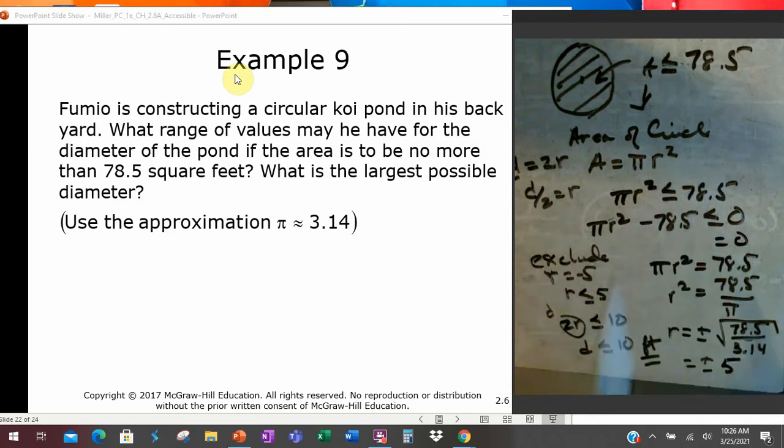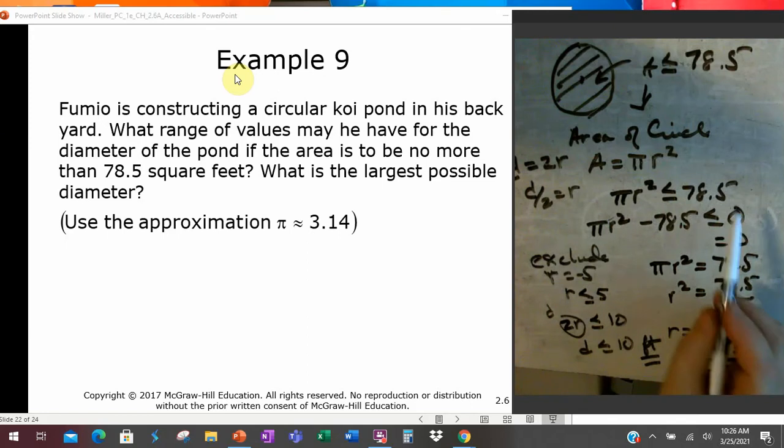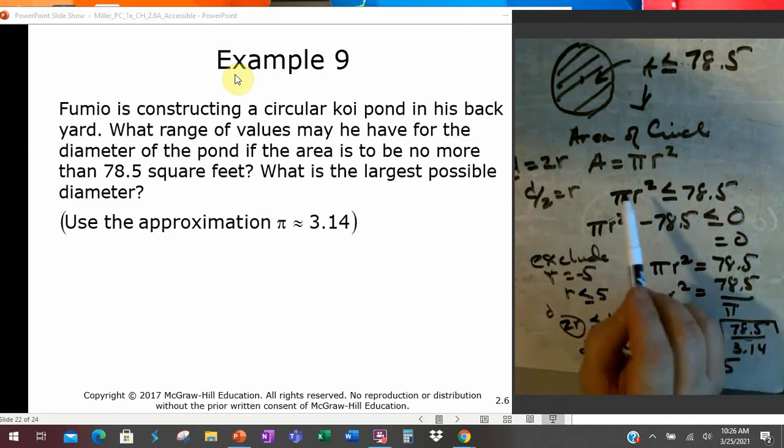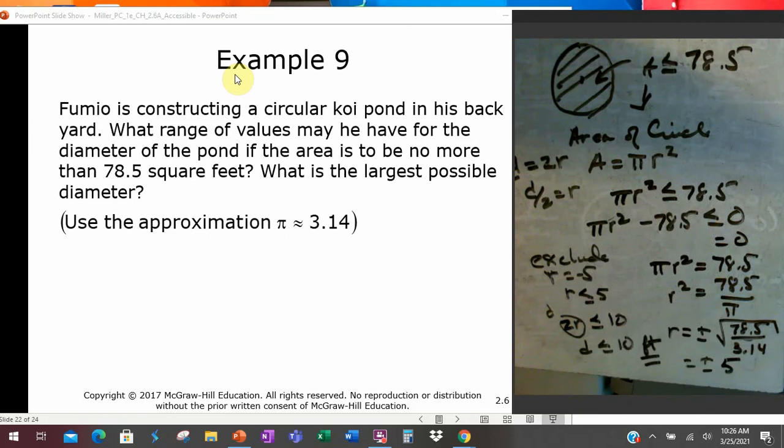As a check, 3.14 times my 5 squared, which is 25, I get 78.5. And then anything smaller would be less than that.